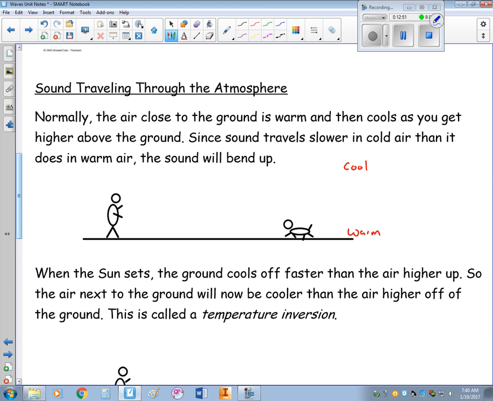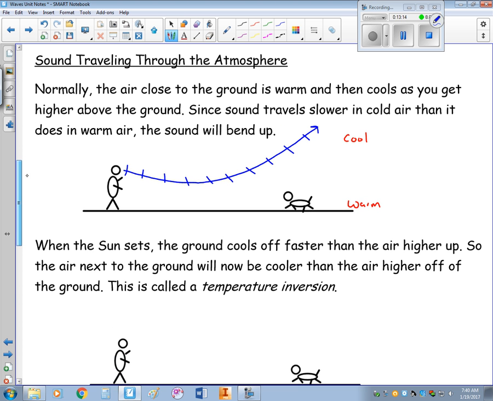The sound waves from the person would naturally bend up. So if these are my sound waves, or the compressions from my sound waves, I would see that it bends up. So the dog would never hear those commands. And that's how it normally is. Whenever you talk, your sound has a natural tendency to drift up.